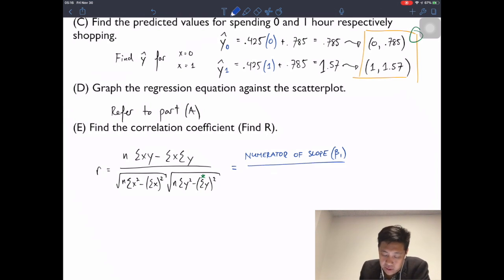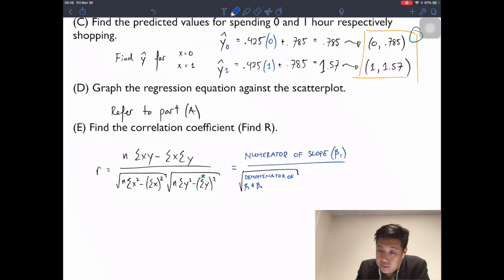But now we have these two square roots. Well, the first square root, if you notice, is the denominator of beta 1 and beta naught. So they're the same. So it's just the same exact number, 50 if I remember correctly, right?